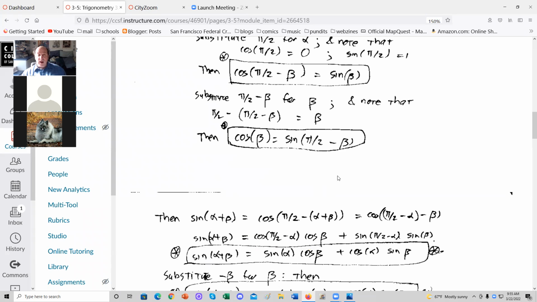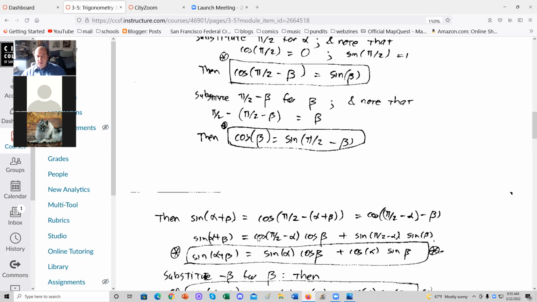Now we can find a sine of a sum rule. Sine of alpha plus beta, we'll write that as cosine of pi halves minus (alpha plus beta) by this law. And then we rewrite that as cosine of (pi halves minus alpha) minus beta. So now we have a cosine of a difference of angles.